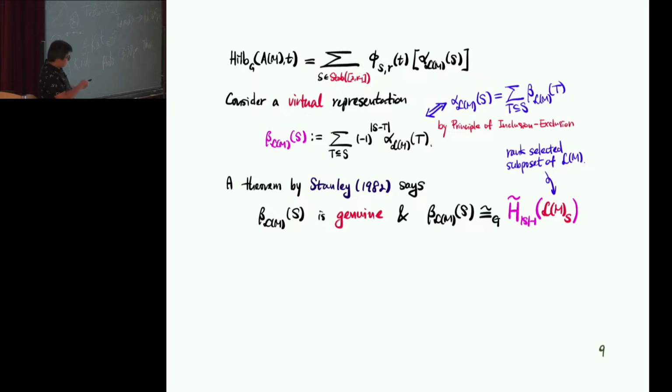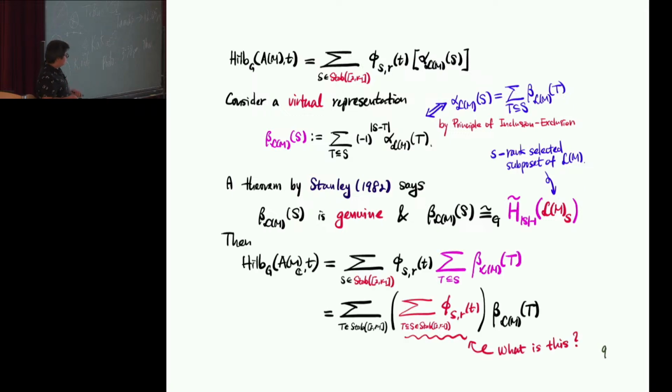And then it turns out the gamma coefficient as a representation is just isomorphic to this top reduced homology. And so, okay, we can change this alpha into this beta and make it into a form like this. So now we have this weird sum.